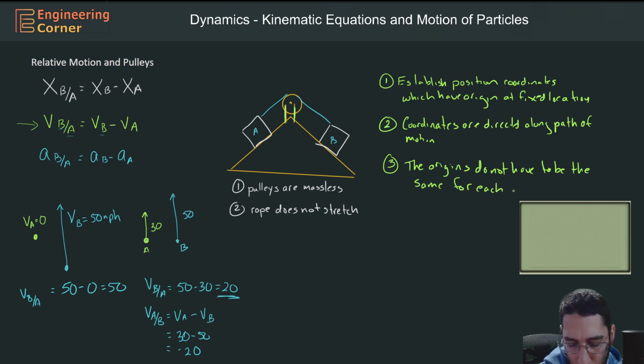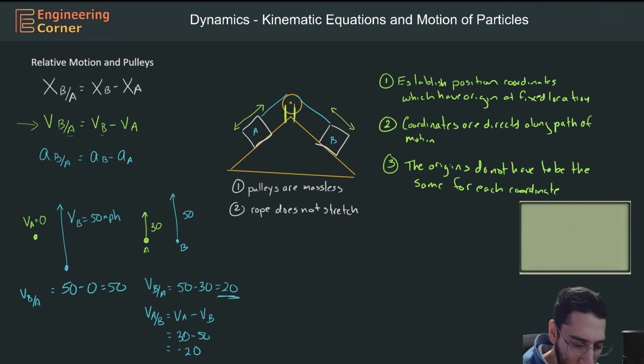What this means is we pick a fixed point. We want to dimension everything that moves in a single direction from that fixed point. So I have this particle that's moving in this direction, and I have this particle that's moving in this direction.